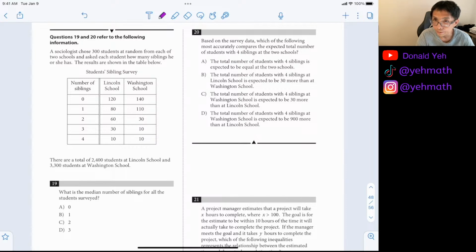Okay, Safia, your 19 is wrong. Emil, you say it's B, is that 19 or 18? Yeah, I said B for 19.